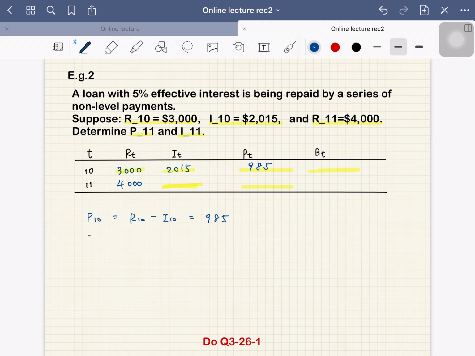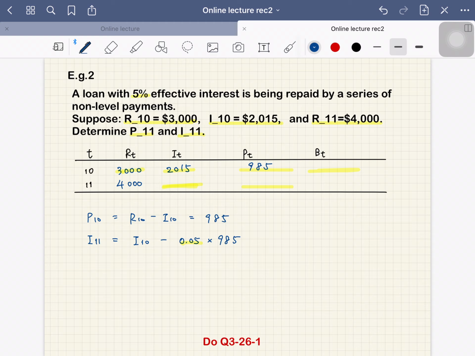Okay, so think about I11. I11 is I10 minus interest rate 0.05 times principal repaid last year. Why?